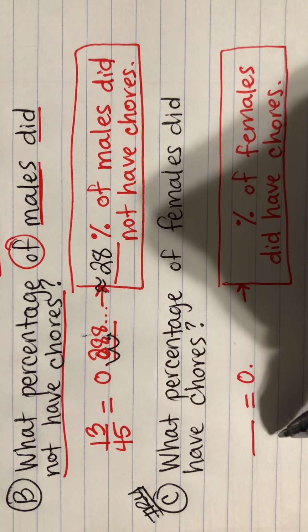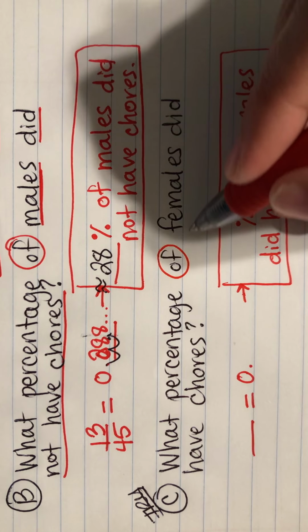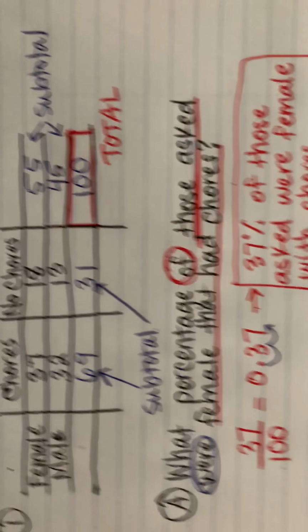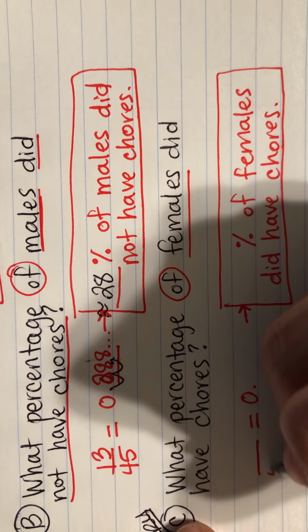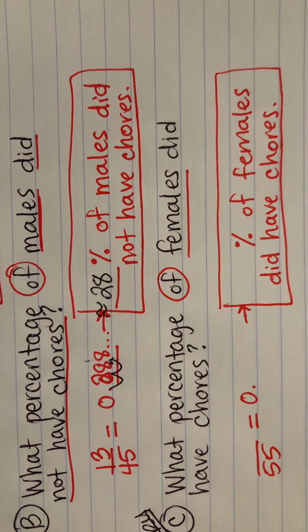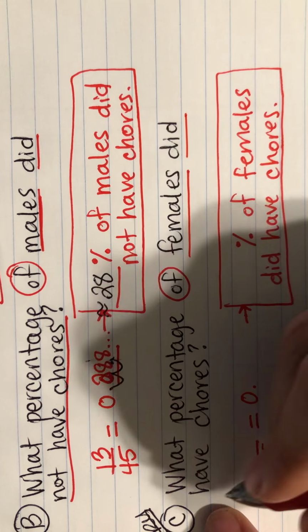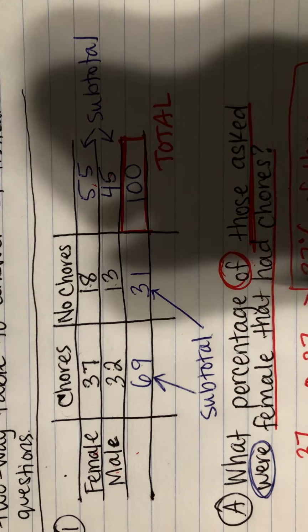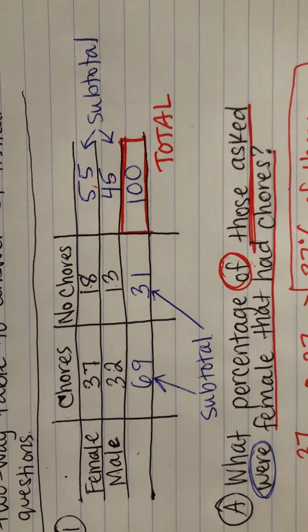To get the number underneath the fraction, here's the word "of," and we're looking at females. So in our table, our total amount of females were 55. That number is going to be our denominator. And specifically from those females, we want to see how many of them did have chores. So going back up, here are female, and 37 of them did have chores.